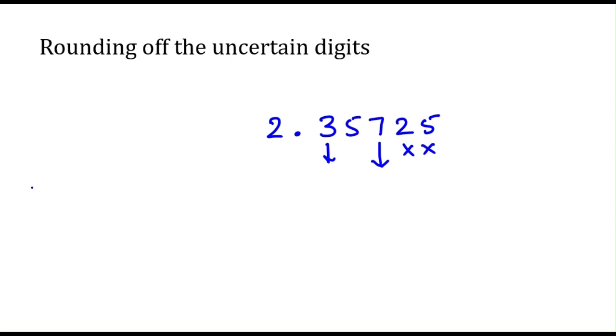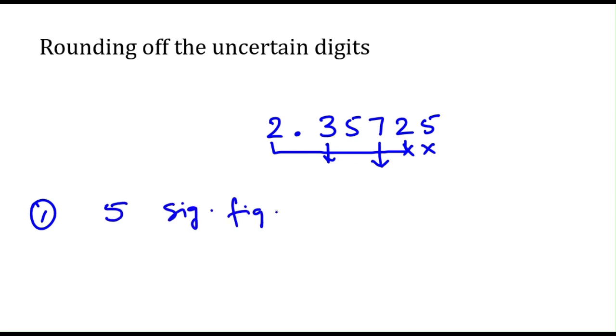So let's continue one by one. Okay, if the digit chosen, means up to where we are going to drop, let's say we are going to keep up to five significant figures, so 2.3572, and then we have to drop from this digit onwards.